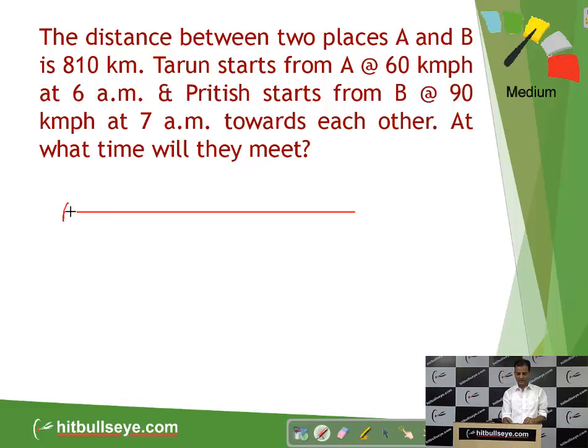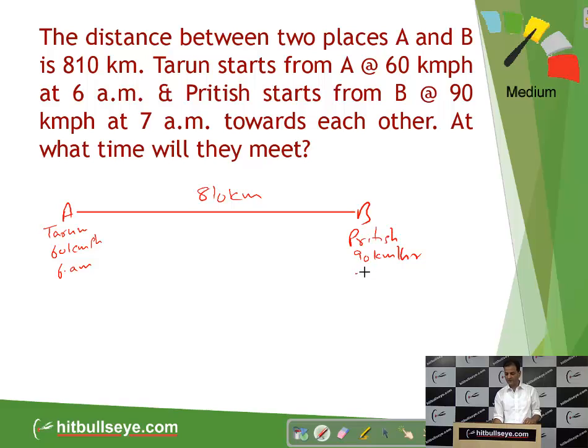The distance between two places A and B, AB, is 810 km. Tarun starts from A at 60 km per hour at 6 a.m. Just write here, Tarun with a speed of 60 km per hour at 6 a.m. And Pritesh starts from B. There is another person, Pritesh, who starts from B at a speed of 90 km per hour, but Pritesh starts at 7 a.m., toward each other.